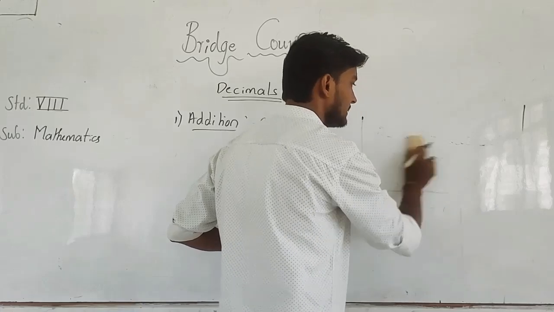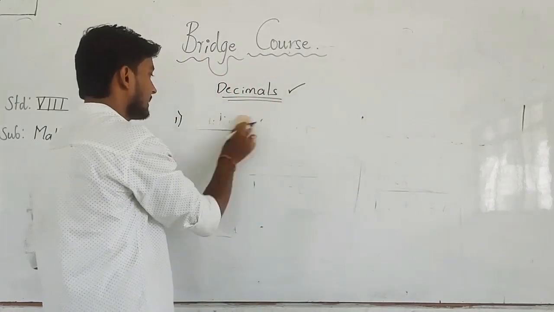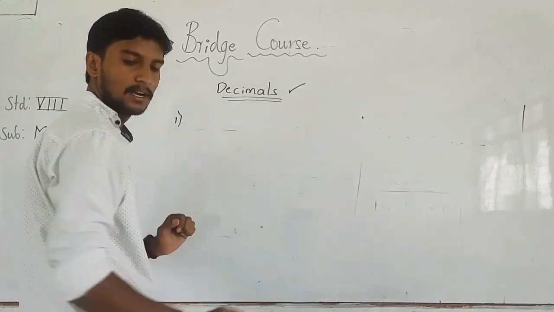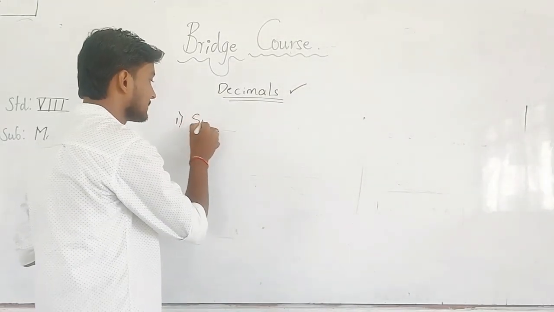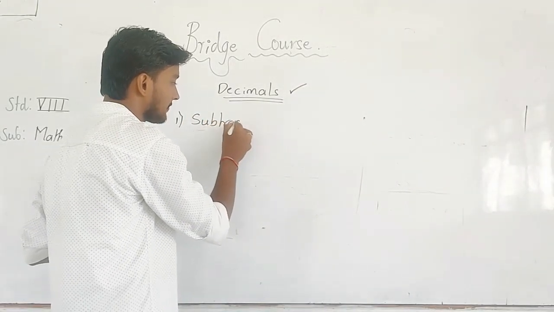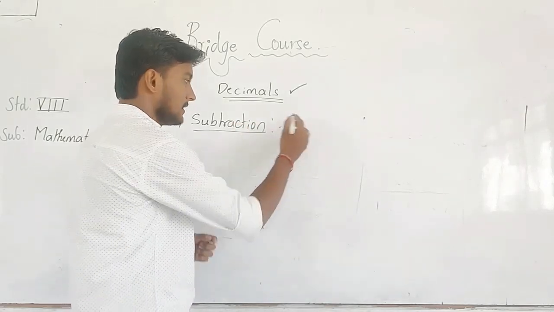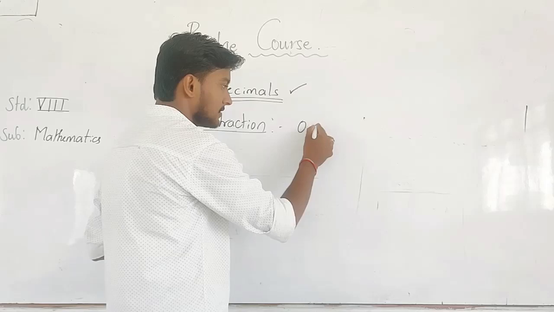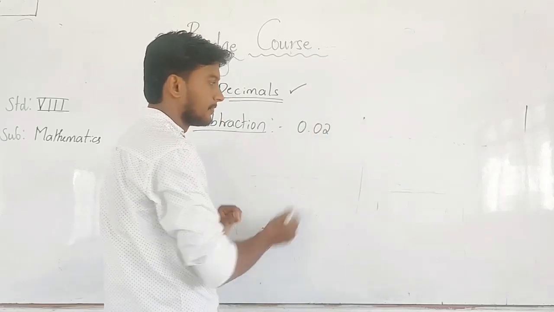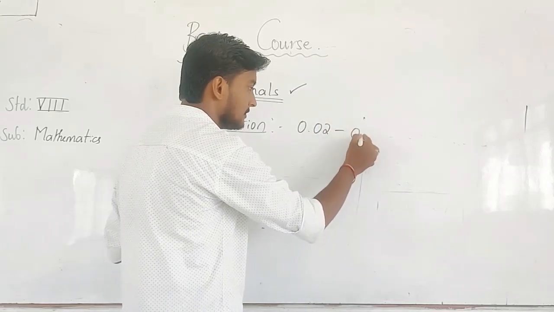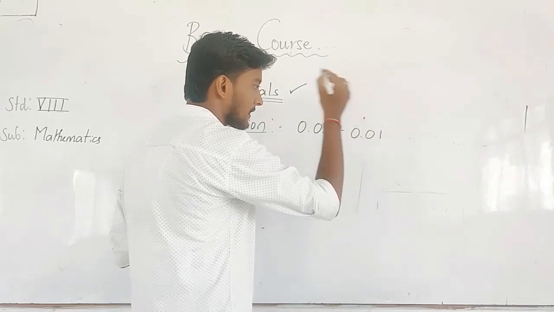Next we discuss subtraction of decimals. How to subtract decimals? Let us solve some examples. Subtraction: 0.02 minus 0.01.